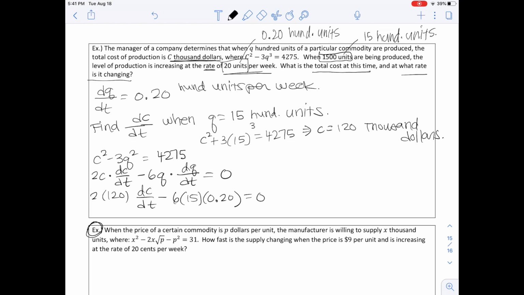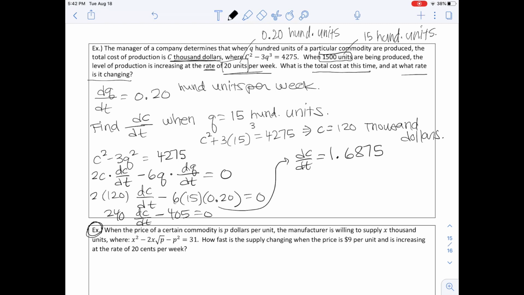Going ahead and solving this, we have 2 times 120, which is going to be 240, dC/dt, minus, multiplying this out, 405 is equal to 0. From here, we get dC/dt is equal to 1.6875.